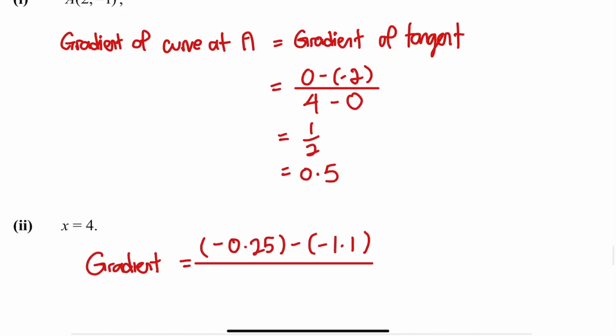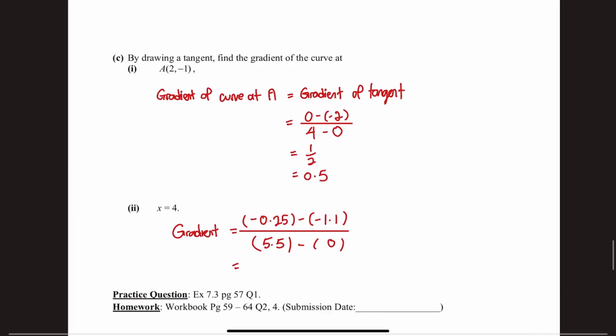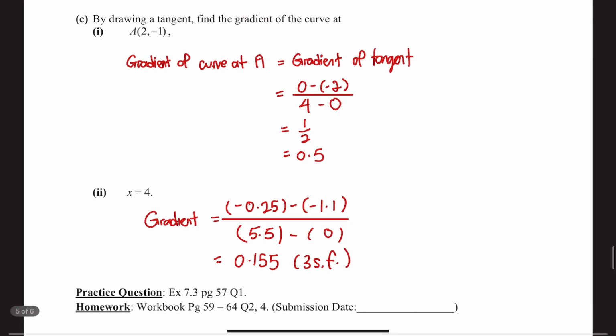Now calculate this in your calculator. I will get 0.155, rounded off to 3 significant figures. And that is my final answer for C part 2.